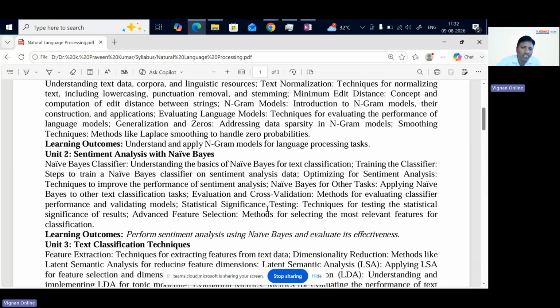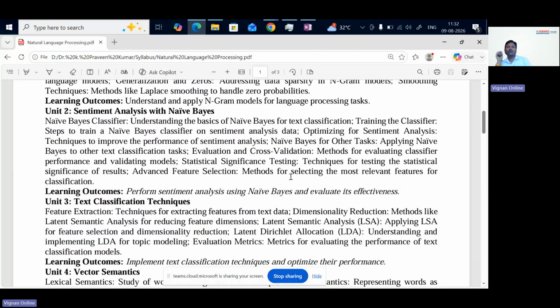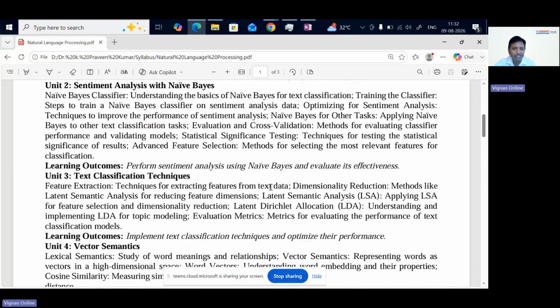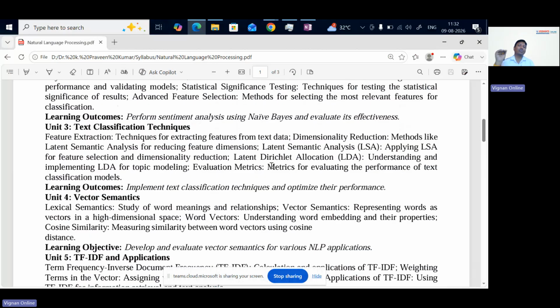Later we have seen the naive Bayes classification algorithm, how naive Bayes is used for sentiment analysis. Then we have seen what a text classification technique is and how classification can be done.